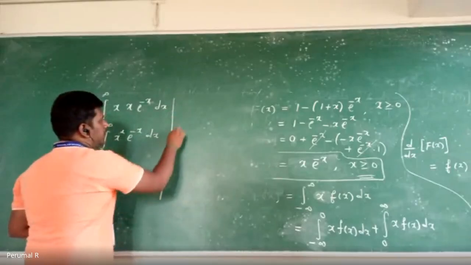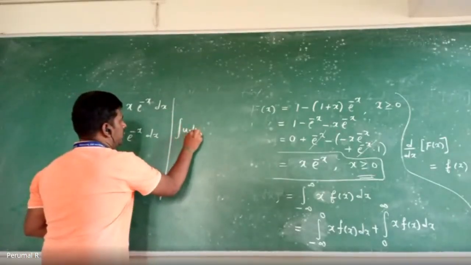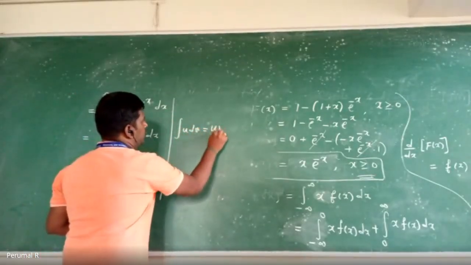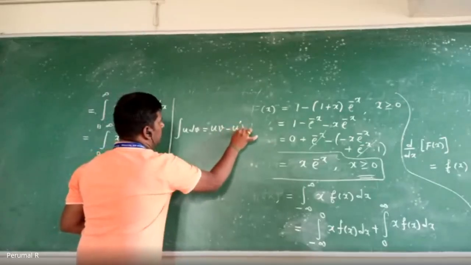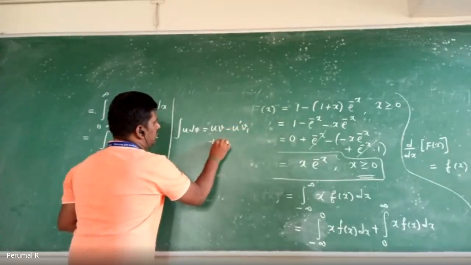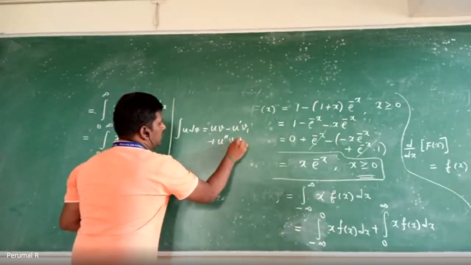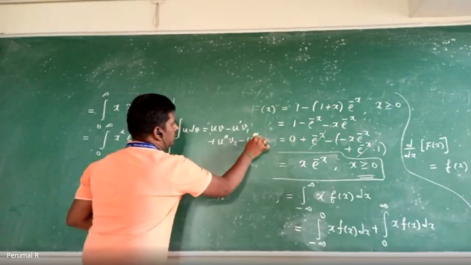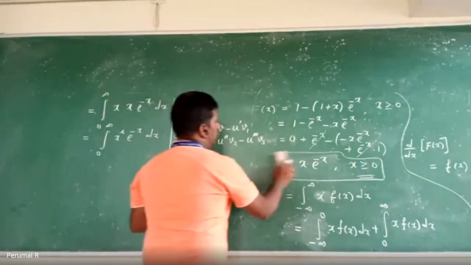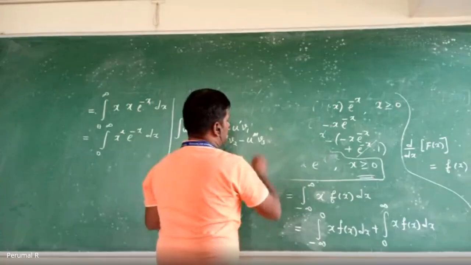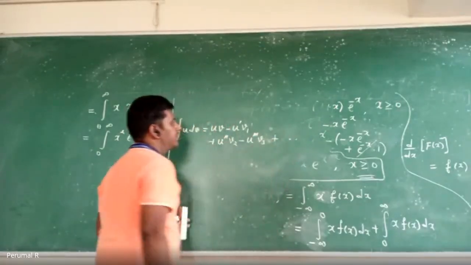What is the formula here? The integral of UdV is UV minus U dash V1 plus U double dash V2 minus U triple dash V3. You can expand it for as many terms as exist; up to this you can extend the formula.